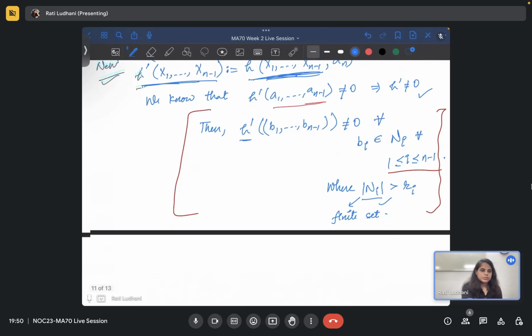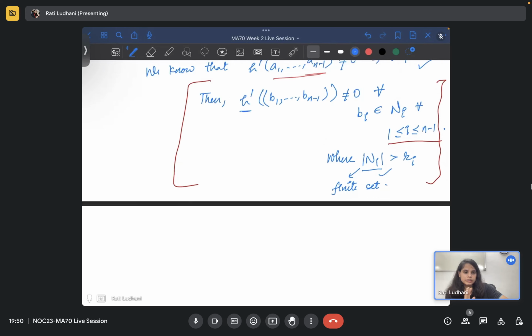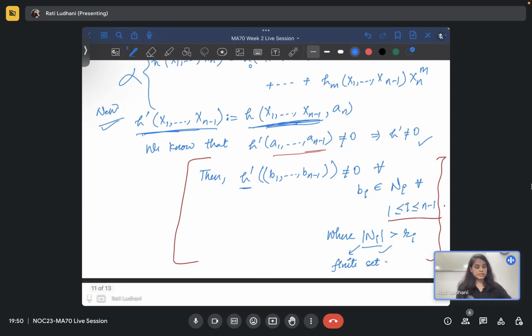From the induction hypothesis I have N1 to Nn minus 1, which are finite sets bigger than ri. The ri were fixed numbers coming from the polynomial f, which we have fixed already. Now we only need to extend the last set, the nth term, to a large set.